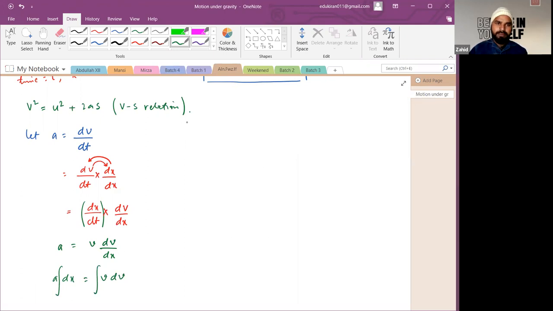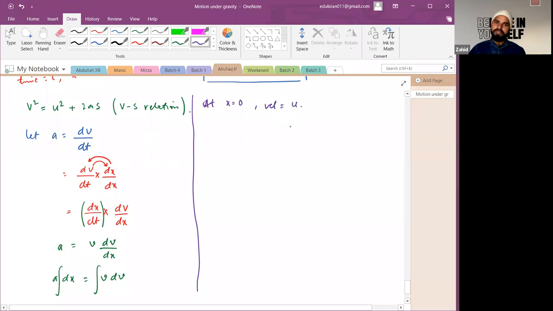Now we have to take limit to solve this. At initial term, let's say t is equals to 0, so x will be 0. Velocity of body will be u, that is initial velocity.